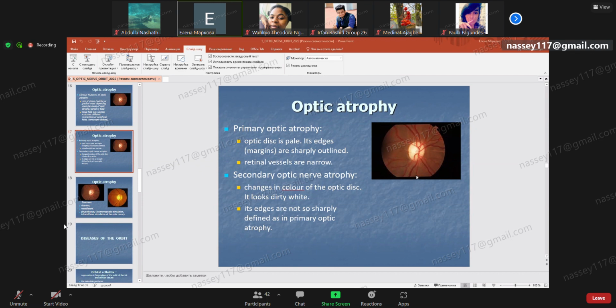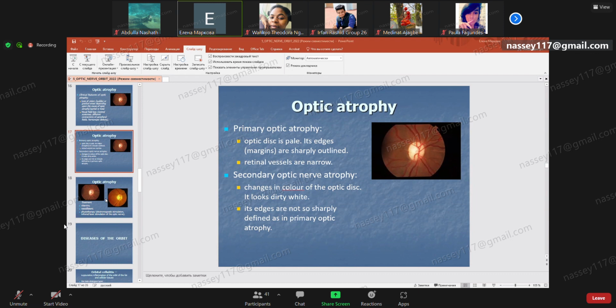In secondary optic nerve atrophy, there is a change in color of the optic nerve disc, it looks dirty white, and its edges are not so sharply defined as in primary optic atrophy. So this is the main sign which helps differentiate secondary from primary optic nerve atrophy.